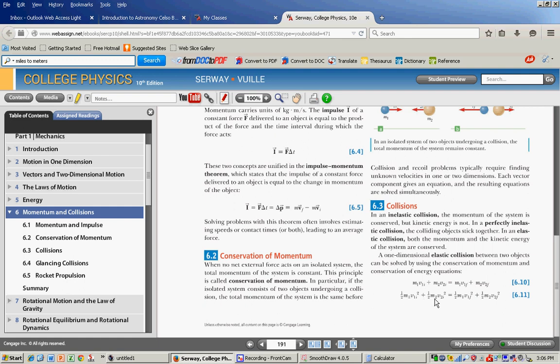So the total kinetic energy of your system before the collision equals the total kinetic energy after the collision. You see, this is half the mass of the first object times its initial velocity squared, plus half the mass of the second object and its initial speed squared.